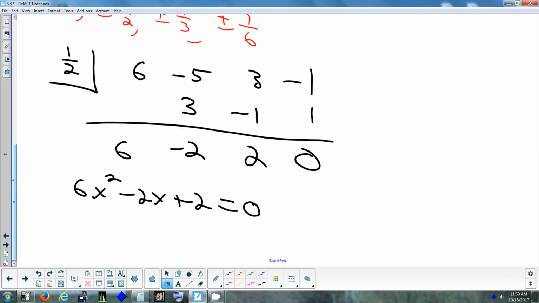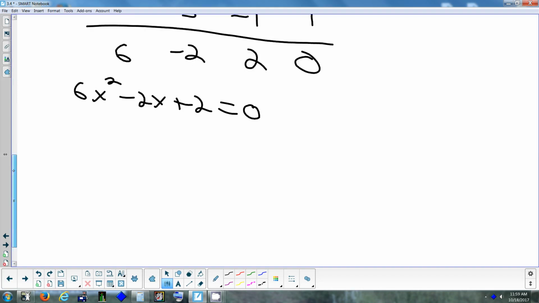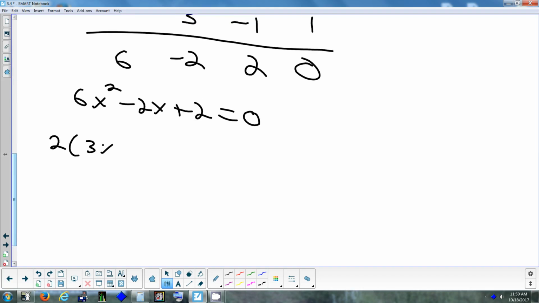If you wanted, what could you factor out of all of those to make them a little smaller? 2. Yeah, you could factor a 2 out. And if I did that right. And now, I'm not sure if this one is factorable, but if it wasn't, how would you solve 3x squared minus x plus 1?